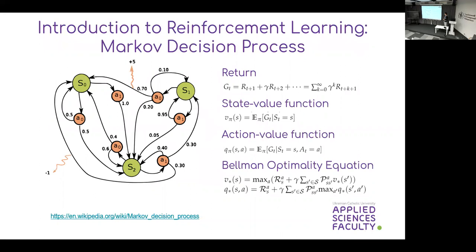Usually, any reinforcement learning environment is described as a Markov decision process. Basic concept here is that we have a set of states, we have a set of actions, we have some transitions with different probabilities, and the main term that we're using in reinforcement learning is the return.